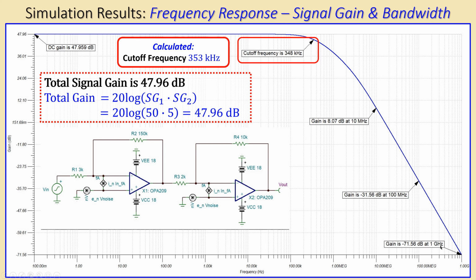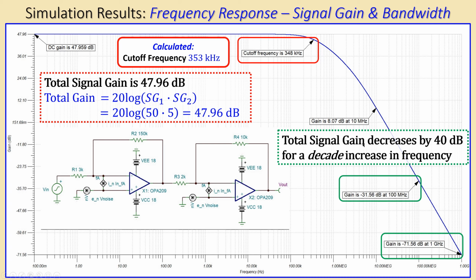Now I've also labeled some extra points here, so you can see the gain at 100 megahertz. It is approximately minus 31.6 dB, and if you go for example to 1 gigahertz, which is 1 decade up, then the gain will drop to minus 71.6 dB. So you can see it is a decrease of 40 dB for a decade increase in frequency.